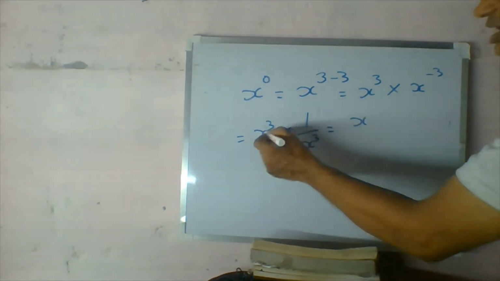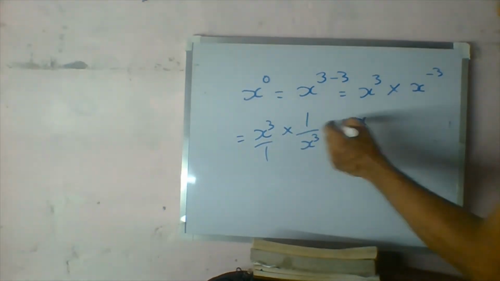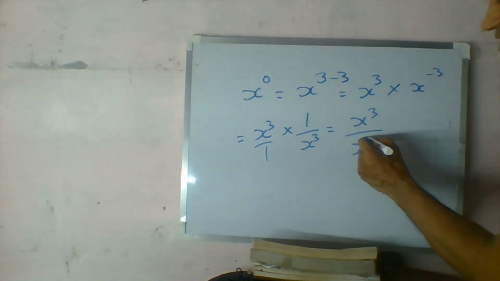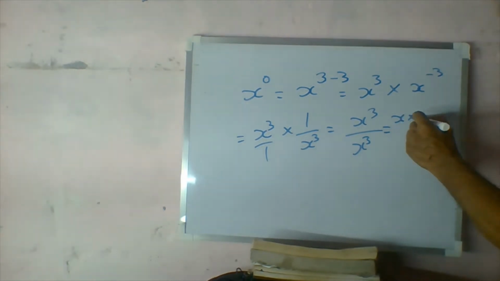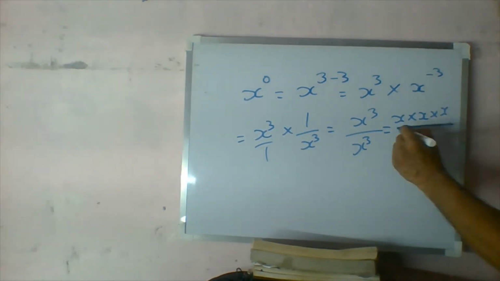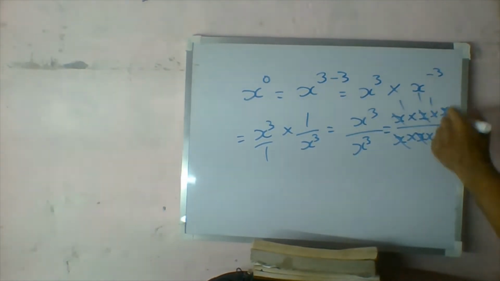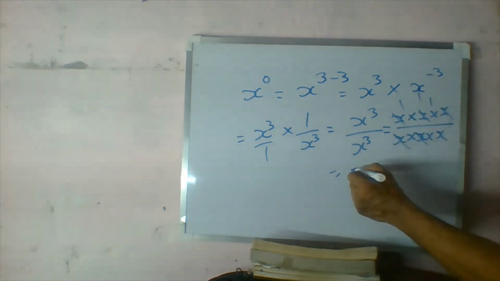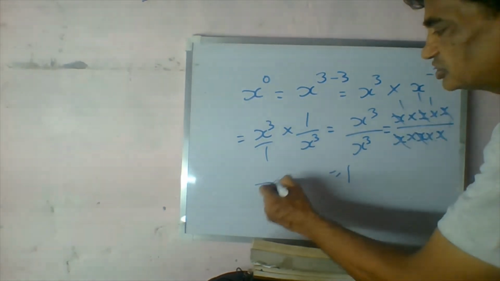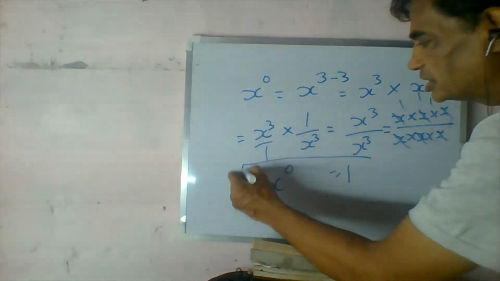That will be x cubed by x cubed, that is x into x into x divided by x into x into x, x by x, x by x, x by x. So 1 into 1 into 1. So again x raised to power 0 is also equal to 1.